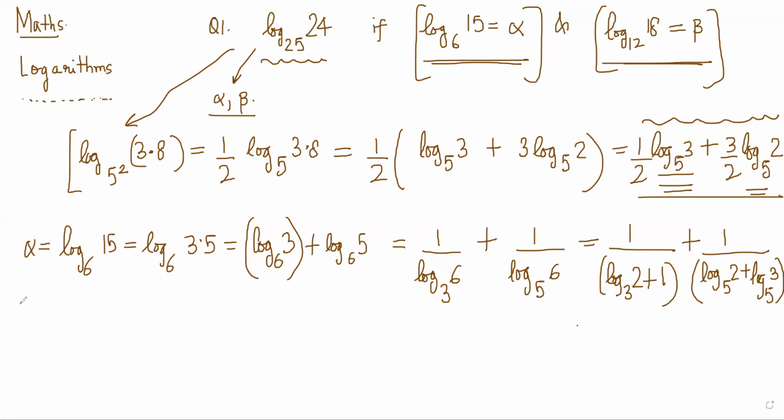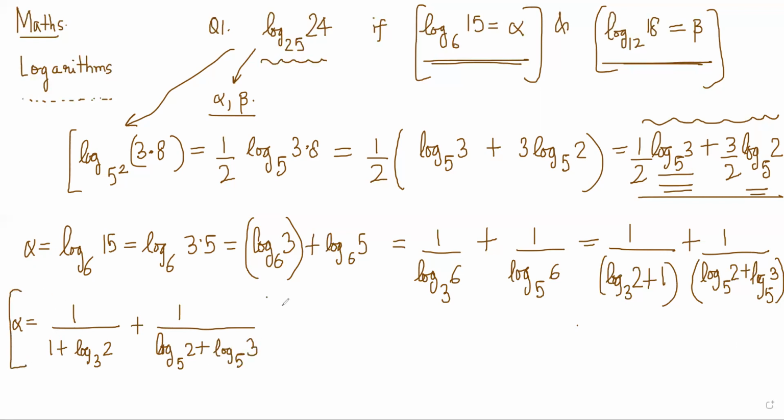Okay. So the equation that you have here is alpha is equal to 1 by 1 plus log 3 2 plus 1 by log 5 2 plus log 5 3. Similarly, find out an equation for beta.